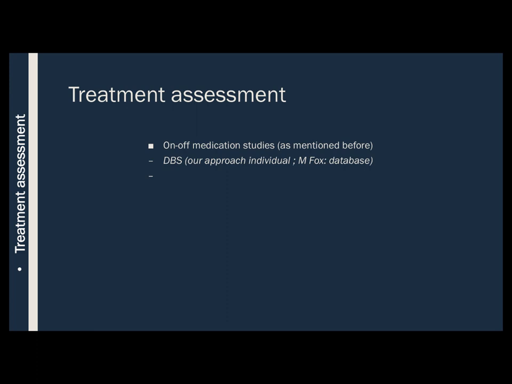Rather, you can do any fMRI study that you typically do, but then we perform the study on and off medication and compare the healthy controls to the patients in one condition, and then the patients within themselves in the other condition.